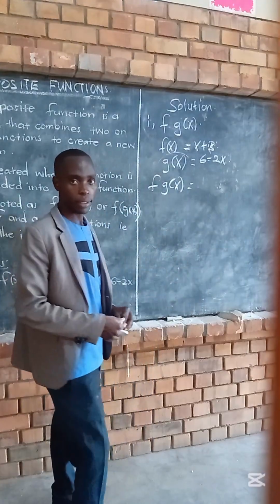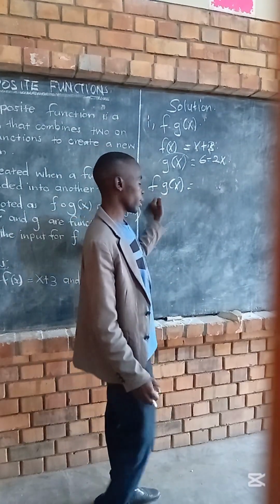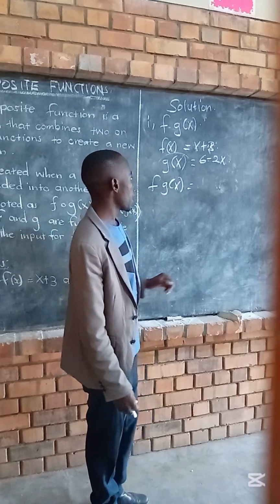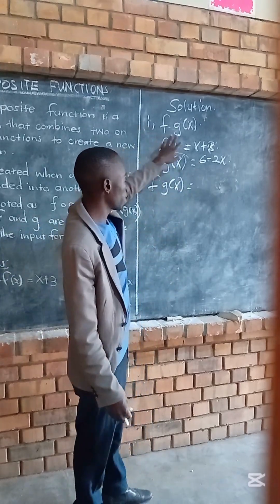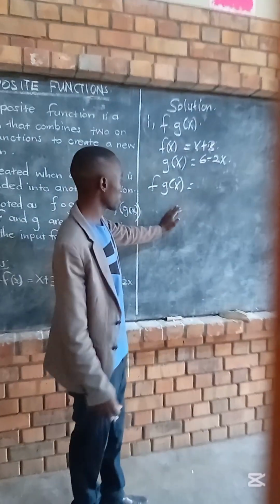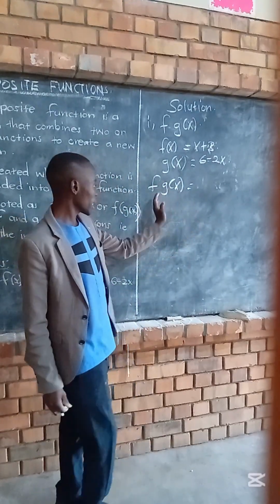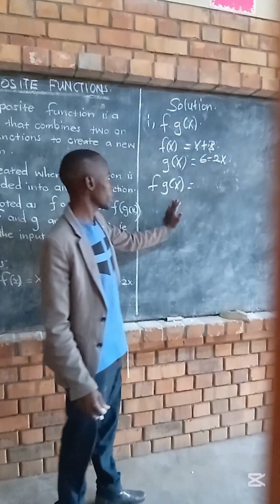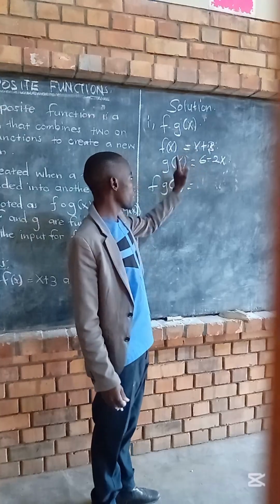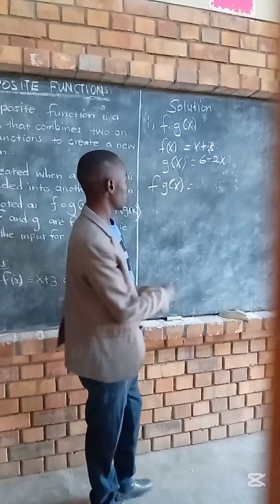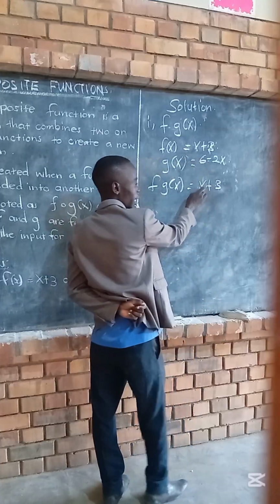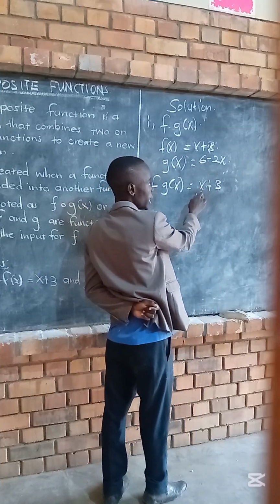But in order to get f of g of x, we substitute x in f of x with the g of x. Where there is x, we substitute it with the g of x.